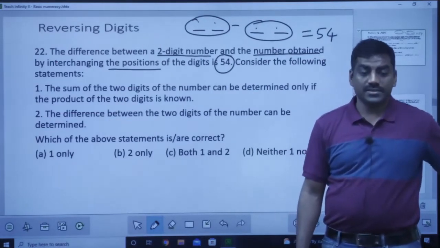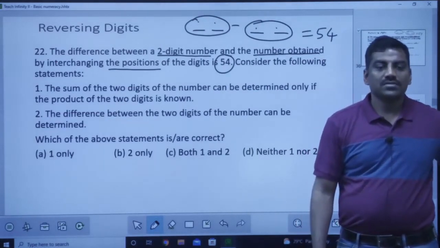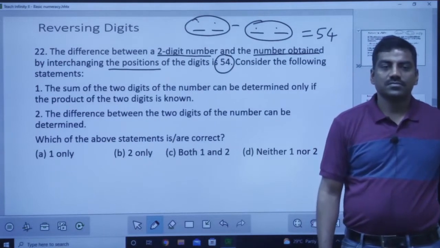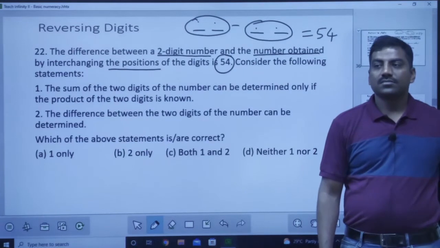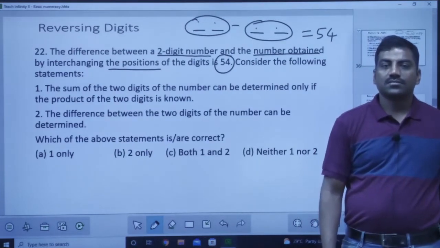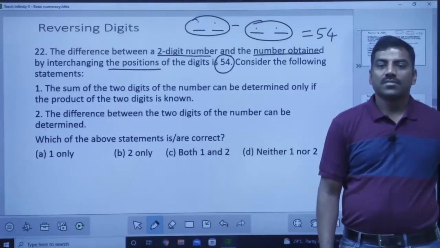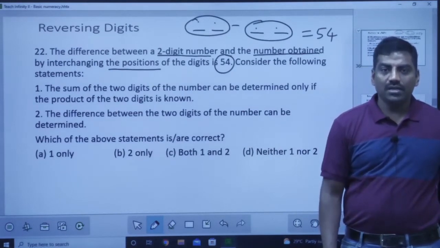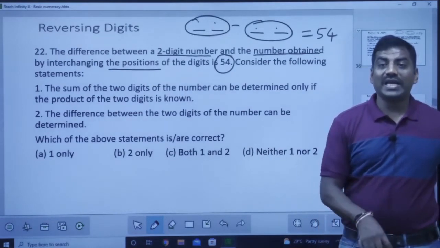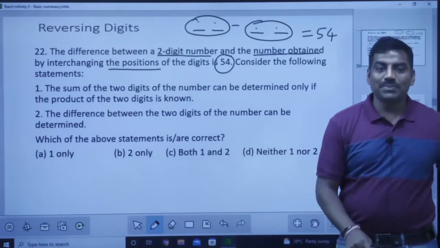Read the second sentence. 54 is a multiple of 9. What multiple of 9 is 54? Sixth multiple.